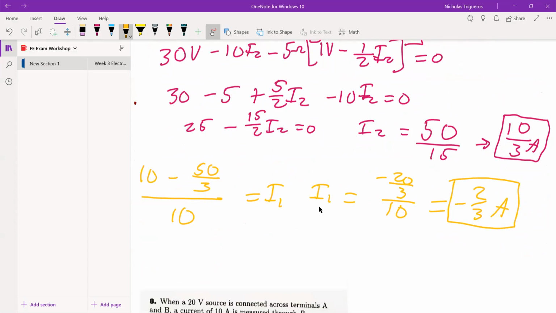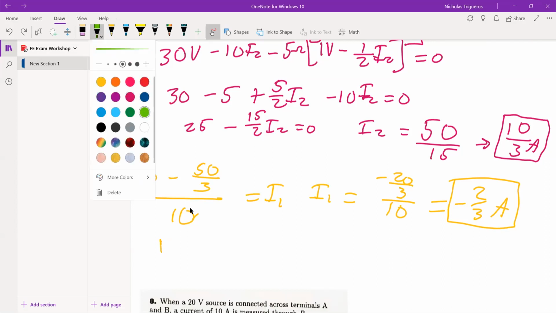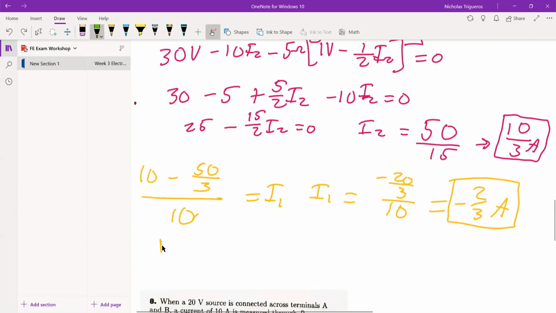Now that we have those two, if we add them together, we can get the I in the middle, which is 8 over 30 amps.